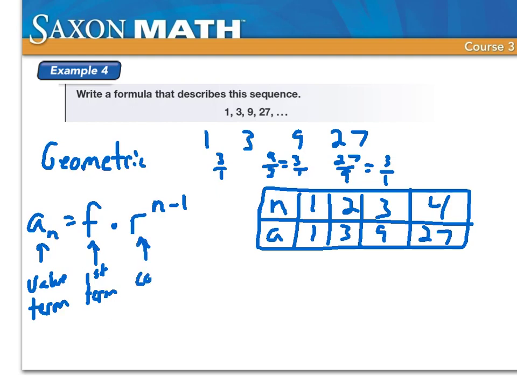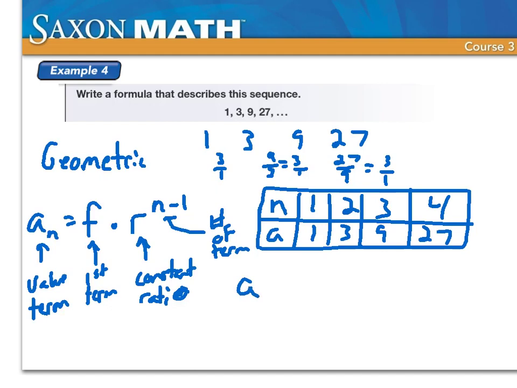This is the constant ratio. And this right here is the number of the term.